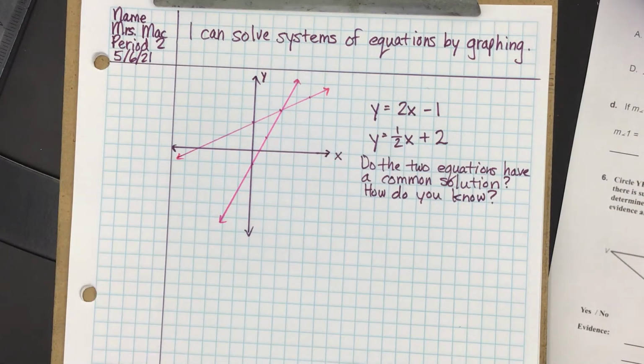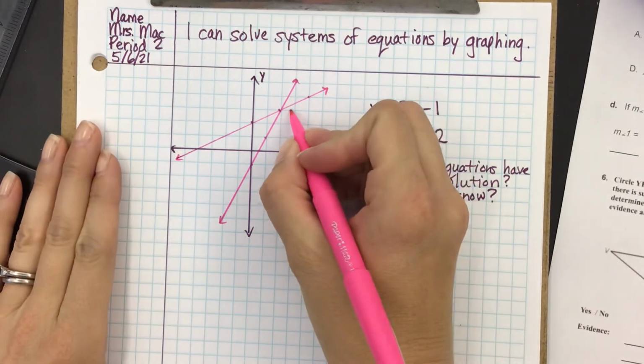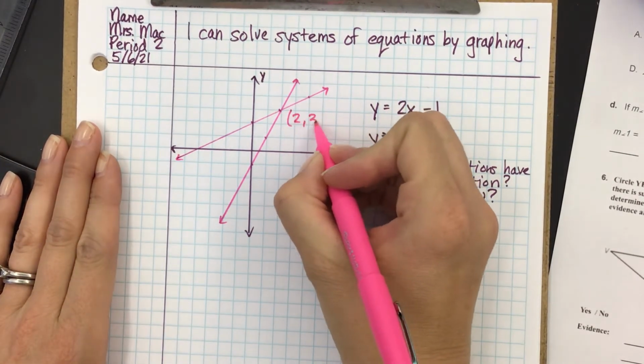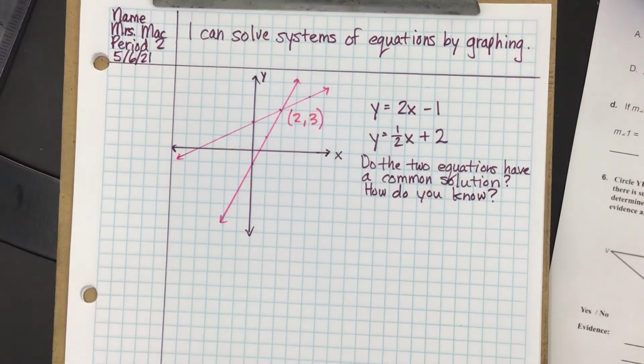Okay, do they have a common solution? Yes. Okay guys, everyone together, what's the solution? Right here, good. It was a little disjointed, but I heard a lot of it. This point right here, 2, 3, okay?